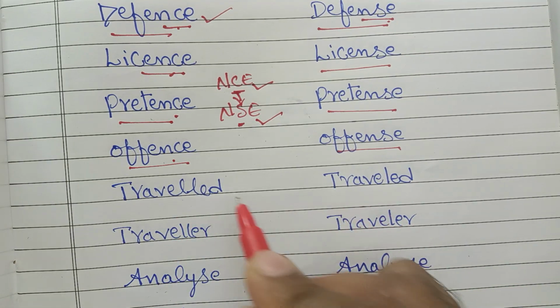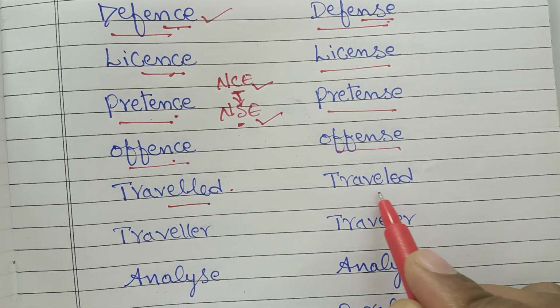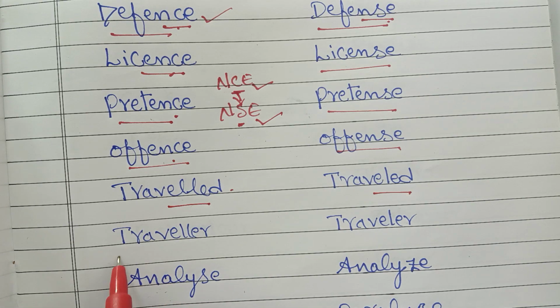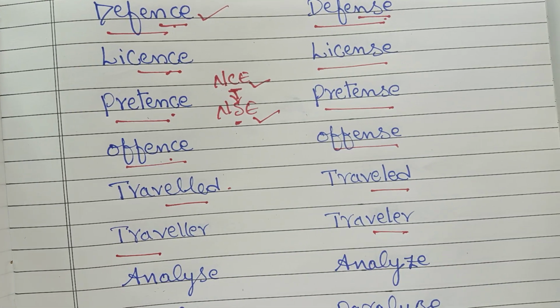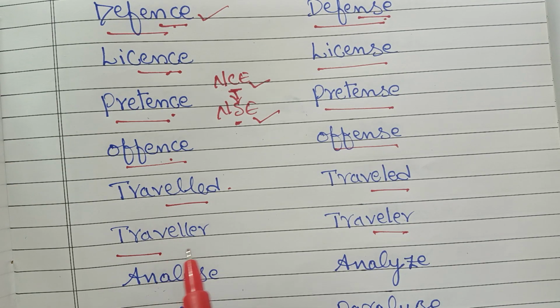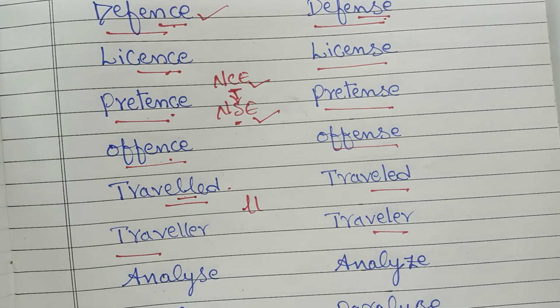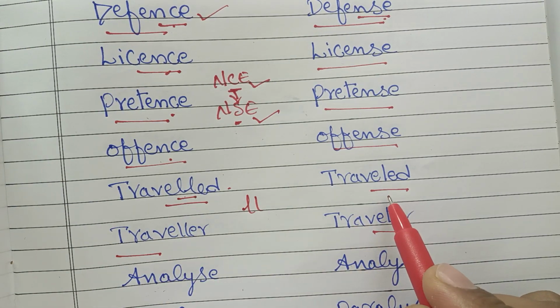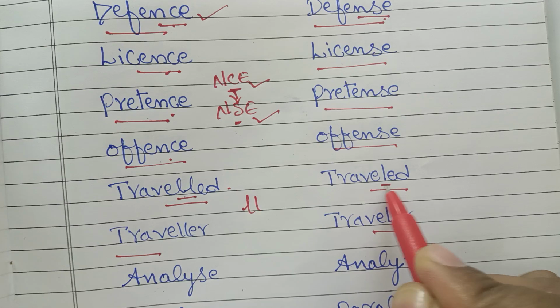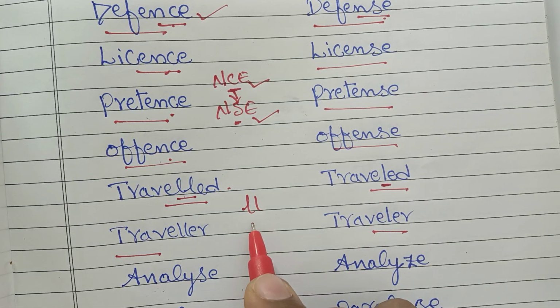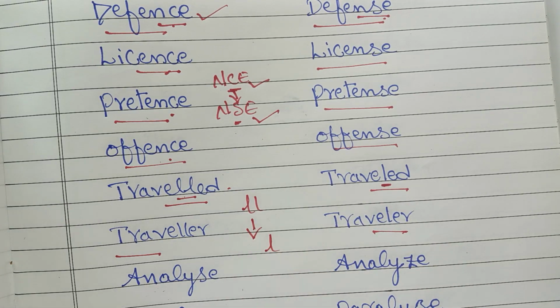Travelled, travelled, traveller, traveller. What is the difference here? In the British spelling, we use double L, LLED. But in the American spelling, only one L. That is the major difference.